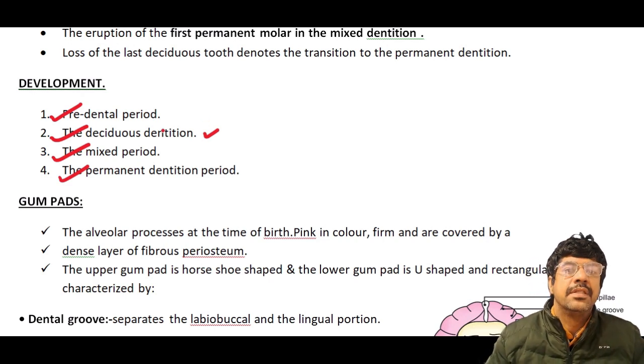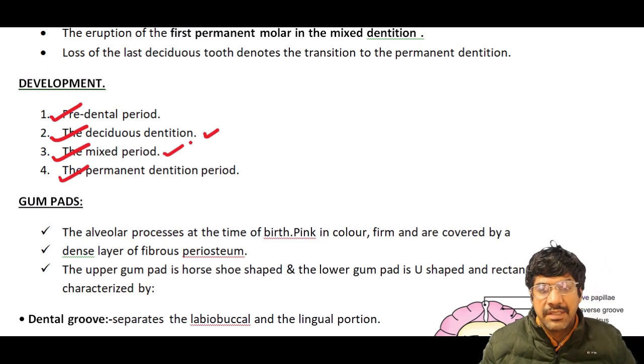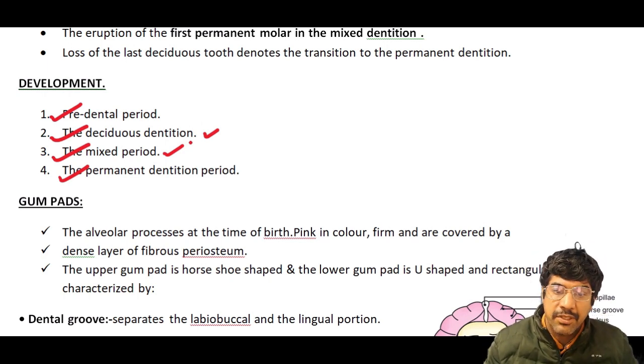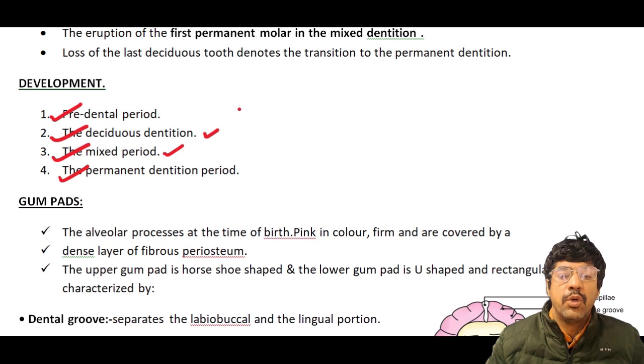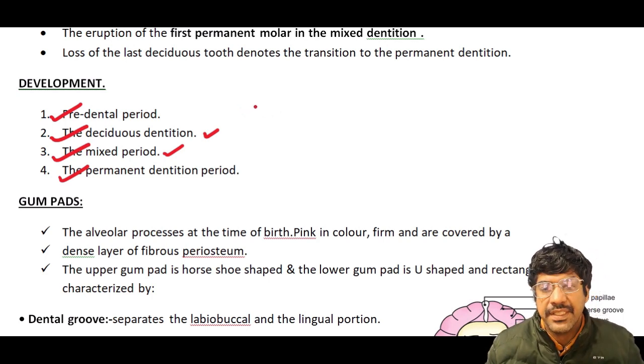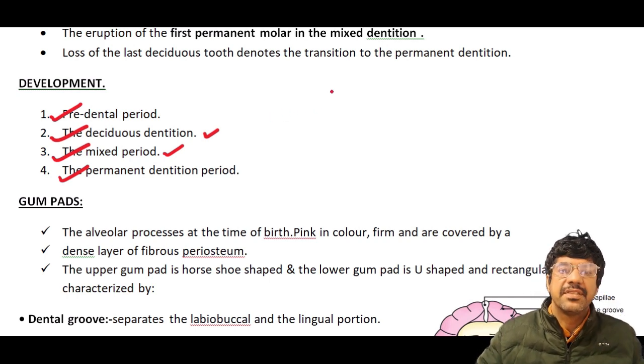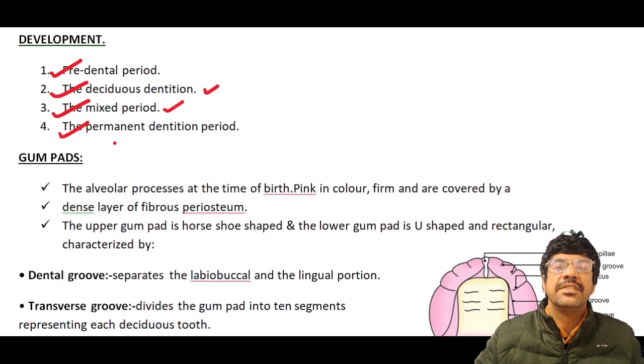The next is the mixed period. This phase involves the transition from primary teeth to a combination of primary and permanent teeth. It begins with the eruption of the first permanent molar around the age of 6 years. So let us discuss all the stages one by one.